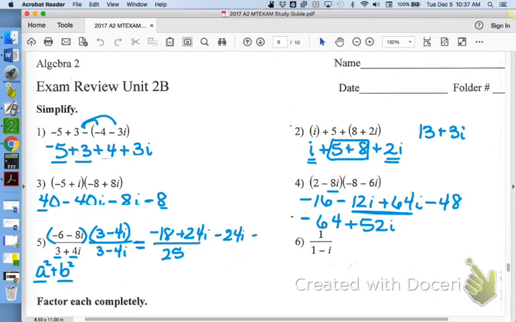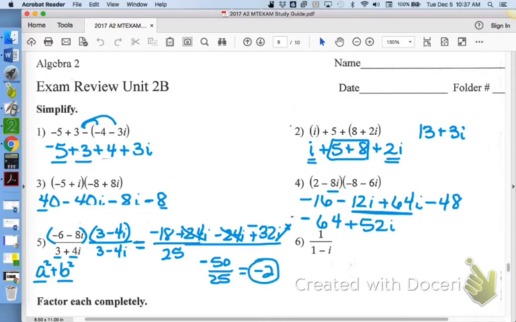And plus 32i squared. This is all over 25. I lost my 24i's. This becomes a negative 32. The top becomes a negative 18 minus 32 is negative 50, divided by 25 is negative 2.